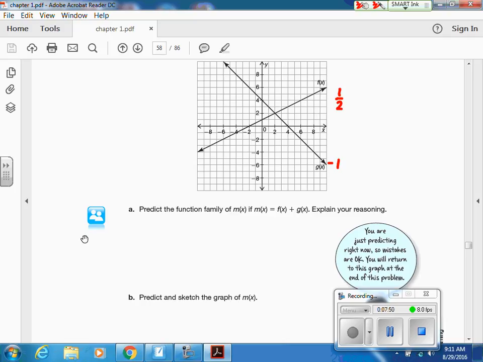So if we're just predicting, if we're not actually adding, is it going to be as negative as this one is? Okay, so why? I know why it's not as negative.